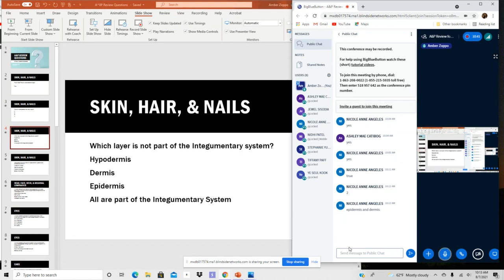Or if you don't know, just say I don't know, or you're not sure. Remember the epidermis and the dermis are the layers. The hypodermis is actually not a part of the integumentary system. Okay, so the answer would be the first one, hypodermis. Does that make sense?